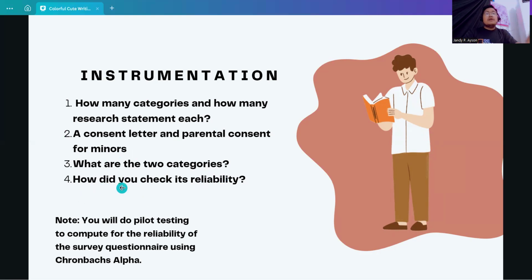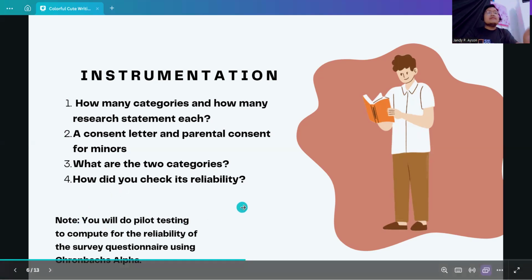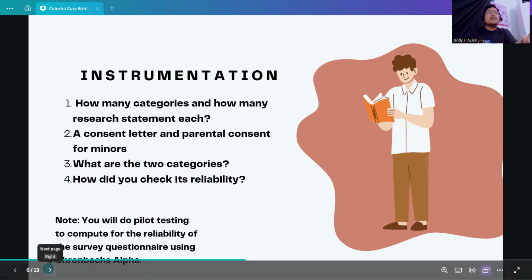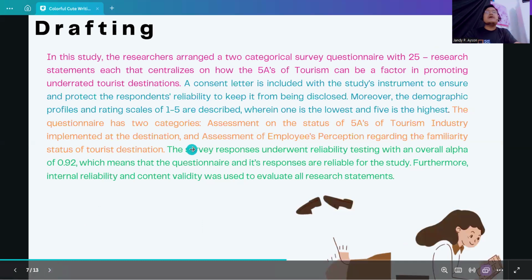Gagayahin nyo lang din talaga yung proseso, pero you can structure the sentence using your own words. So ito yung note. You will do pilot testing to compute for the reliability of the survey questionnaire using Cronbach's alpha. So ito yung sagot sa number 4. Pero again, you have to structure it using your own words para hindi tayo matag as plagiarized and hindi maging magkakamukha yung statements natin.